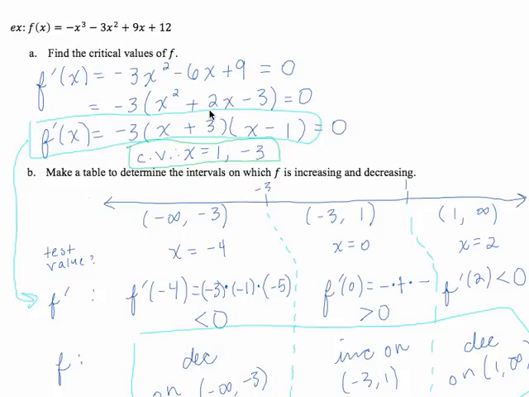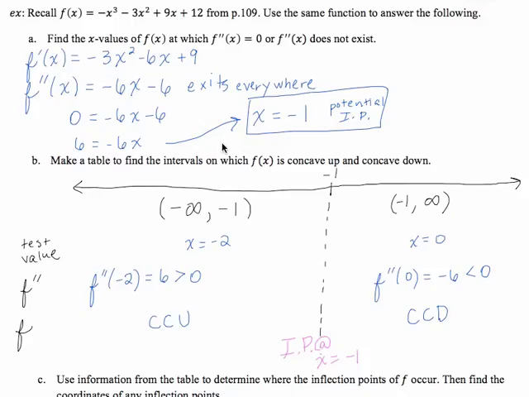This is information that was found in a different video about the same function. We found critical values and we got x equals 1 and negative 3. So let's flip back over and write that down.